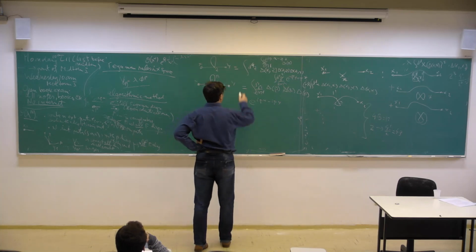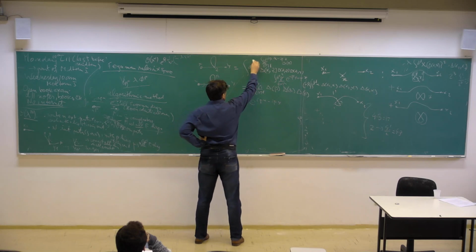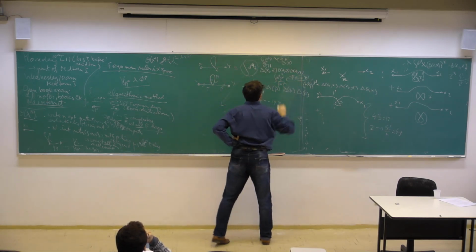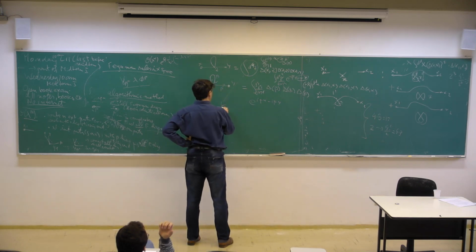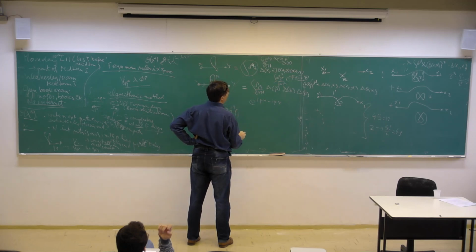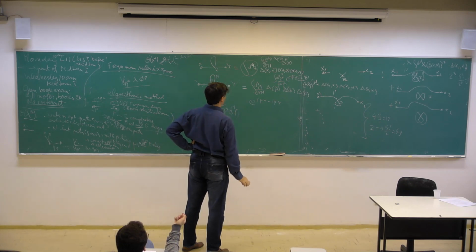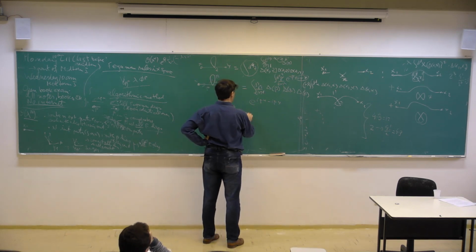Right? And then this thing, if I do the integral over z, this with this gives (2π)^4 delta^4 of, wait, something not, oh yeah, delta^4 of p tilde minus p.